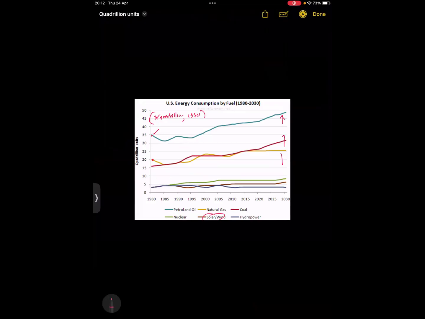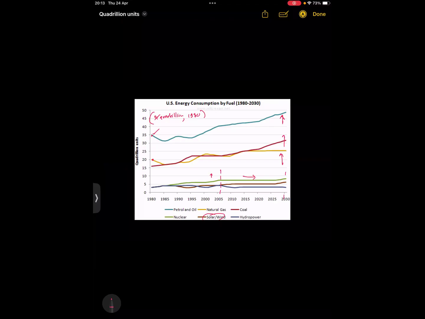But if you look at nuclear, the uptrend seems to be only for this period. Other than that, it just stopped going up. From here onward, we only have a plateau or stability, no change. The same is also true for coal.